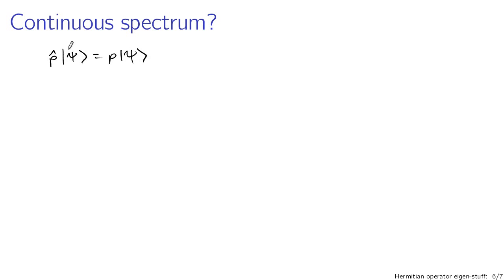If I have some arbitrary function, apply the momentum operator, and get that same function back, the solutions that we got looked something like e to the i(kx minus h bar k squared over 2m t), with eigenvalues that look like h bar k. Now, first problem, this is not normalizable.